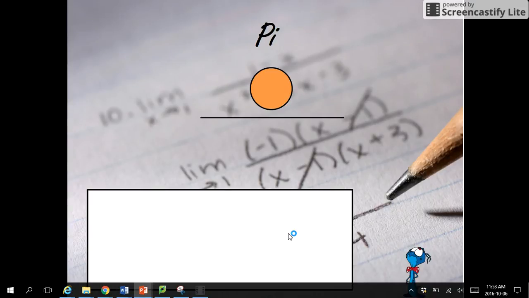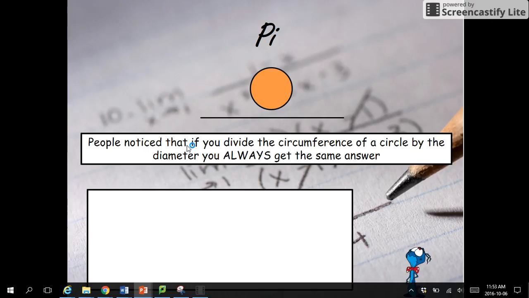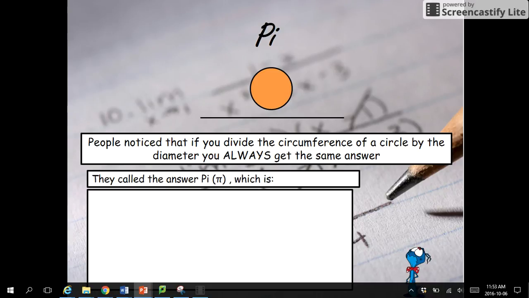So now we're going to talk about pi. Pi is something I'm sure you've heard about as well. People noticed that if you divide the circumference, so all the way around, if you walked all the way around the circle, by the diameter, so going across there, you always get the same answer. They called this answer pi, and that's what it looks like. Find it on your calculator so you can see how to use it.